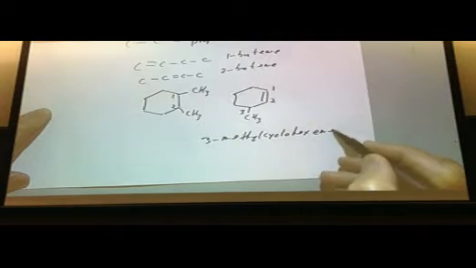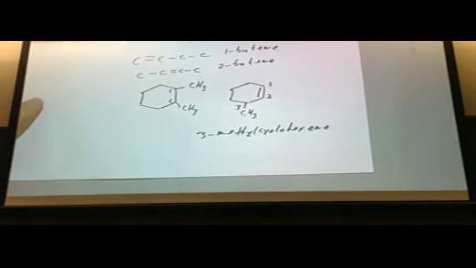Well, it's in position number one. It gets to be in position number one. Okay? It's special. So double bond in a ring, you're not going to need a number. It is in position number one. And then you got to count through the double bond to get to the other groups. So if you remember that, you're good.